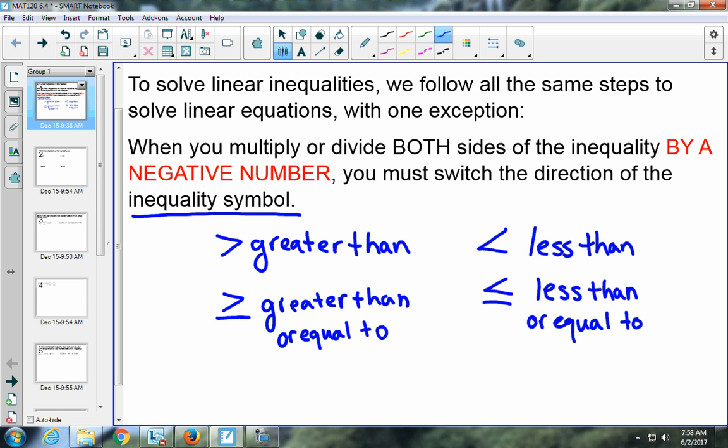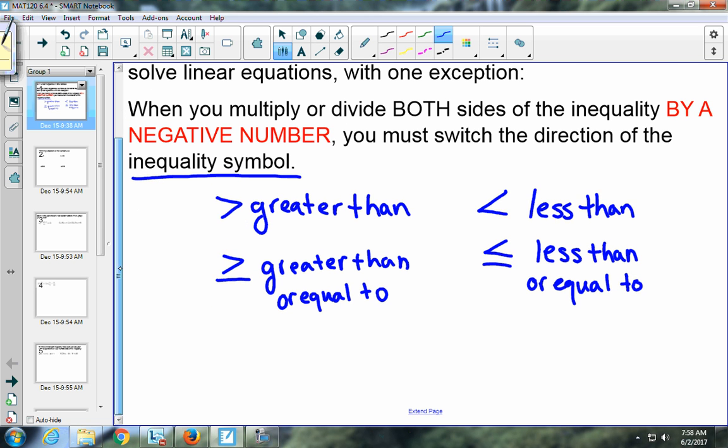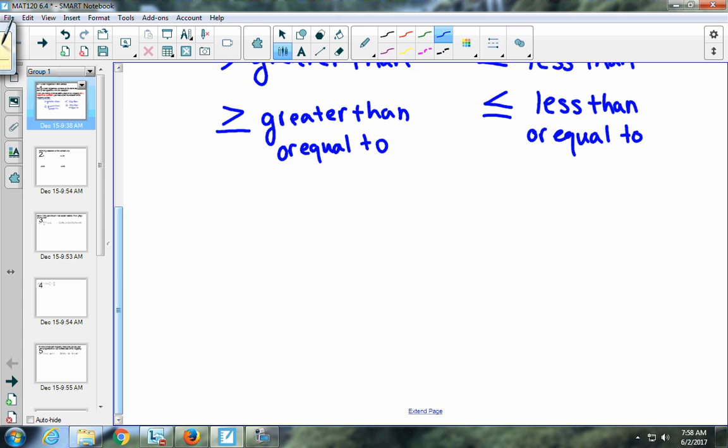So let's talk a little bit about what happens with those negative numbers. Say that we started with an expression like 1 is less than 3. That is a true statement. And if we're supposed to be able to follow all the same rules of solving equations, we should be okay to do the same thing to both sides of this, and it should still be true.